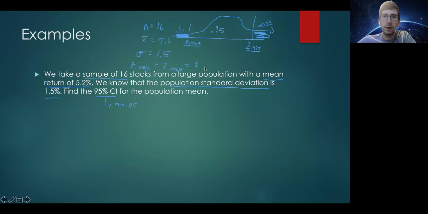These z values are plus or minus 1.96. This would be negative, under our mean, and this would be positive, above our mean. So this is everything we need for our formula. I'm just going to shorthand this as z star.